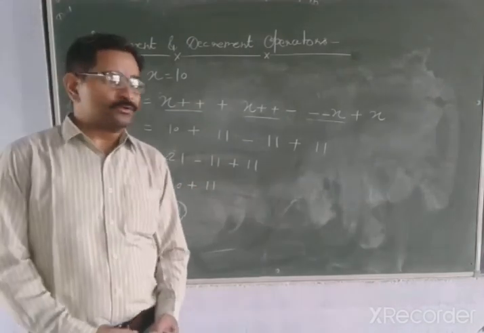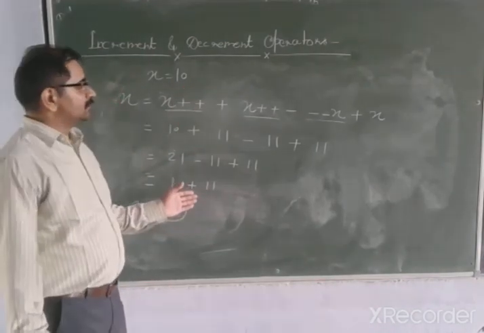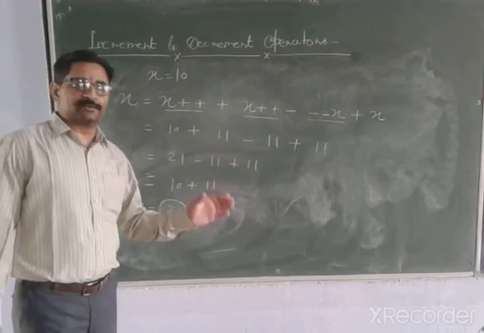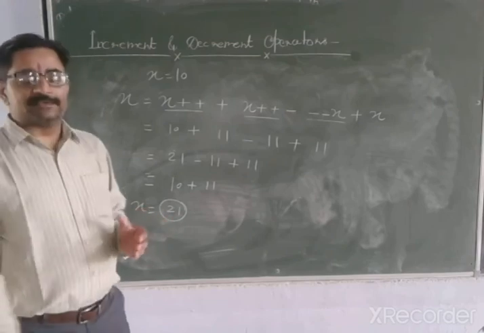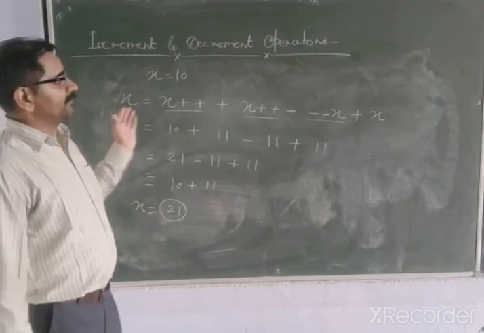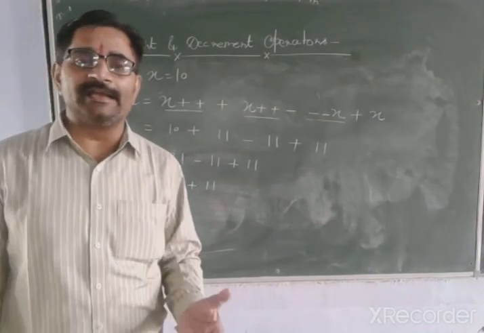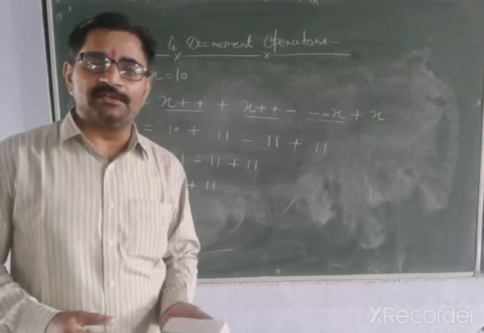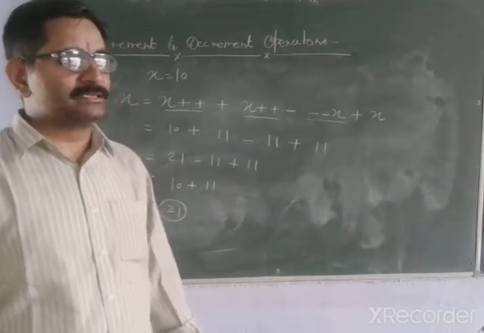So this is the example of the combination of increment and decrement operators. I think now you get the meaning of increment and decrement operators and how we can evaluate the expressions. So now I conclude this session. In the next session you will get the remaining topics. Thank you.